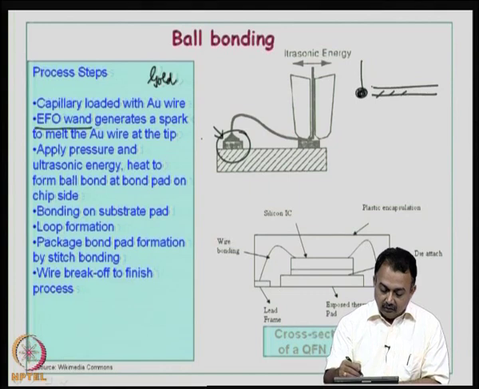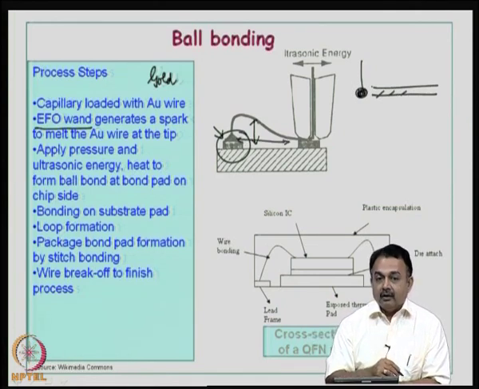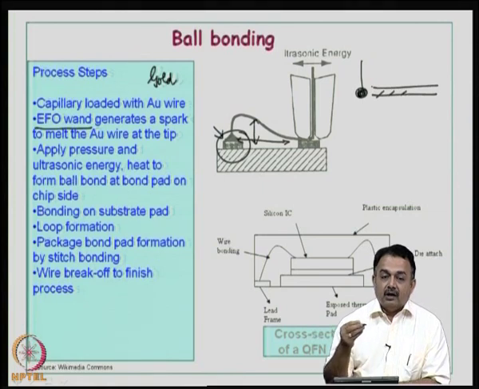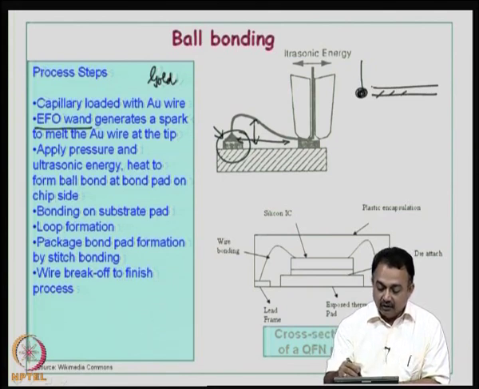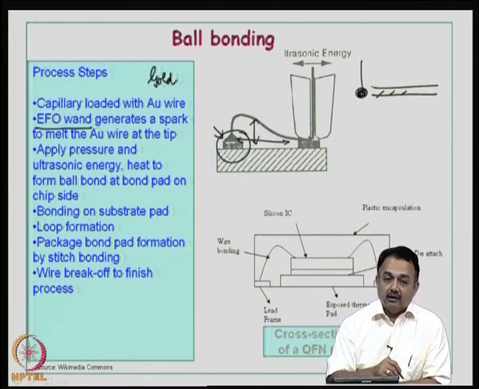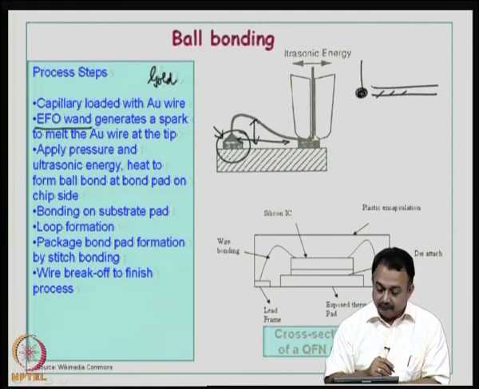Now, you take a loop. This loop height is very important and the loop length is also very important. There are various calculations that are required to determine what loop height you want and what loop length is. Actually, this is determined by the two bond pads. This distance is fixed. So, according to this, the loop height you require is dependent on the thickness of your gold wire.